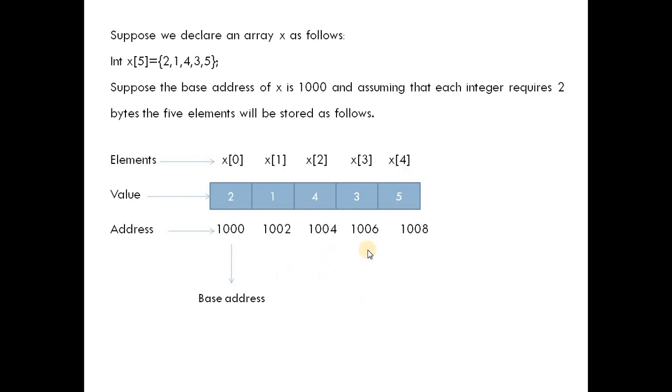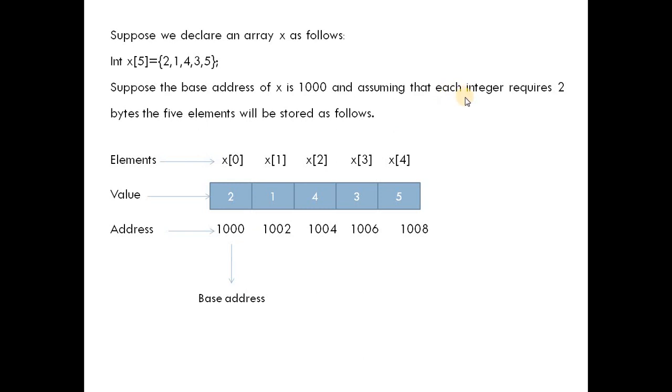In this diagram you can see that x of 0, the first element, is 2, the second is 1, the third is 4, the fourth is 3, and the fifth is 5. So these are the values stored. These are the elements, how we are going to access them, and over here you can see the memory address. If the base address, that is the address of the first element, is 1000, then the address of the second will be 1002.